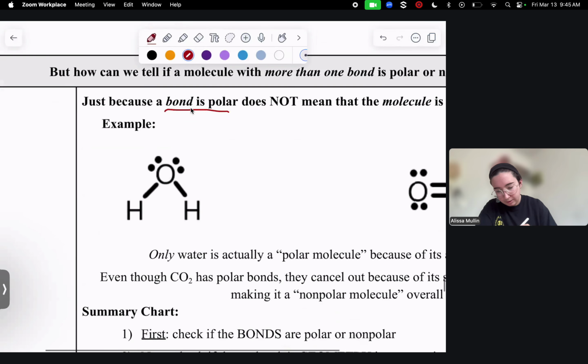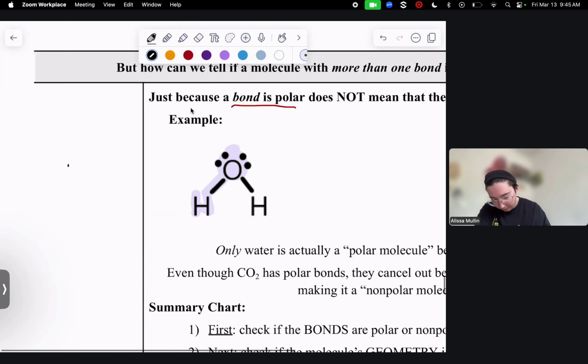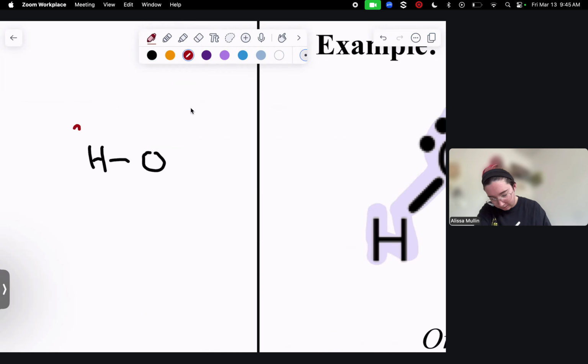Okay, so the way we're going to do these problems, we're going to have to first look at a bond. So let's look at this bond first, right? We have an oxygen, and there's a bond to the H. So let's look at our electronegativity values for a sec. Let's think about this bond. I have H and O, and I know that this is 2.1, and this is 3.5.